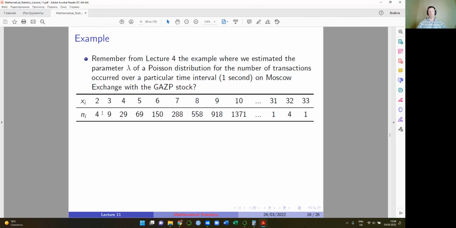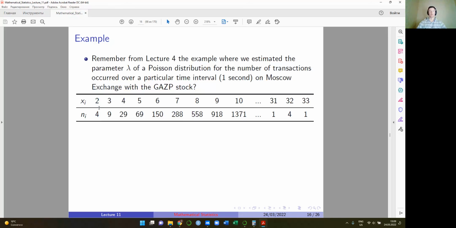So we had this table, where this is the count of transactions, 2, 3, 4, 5, 6, 7 transactions over the second. And here is the count of seconds within a given trading day when these transactions occurred.